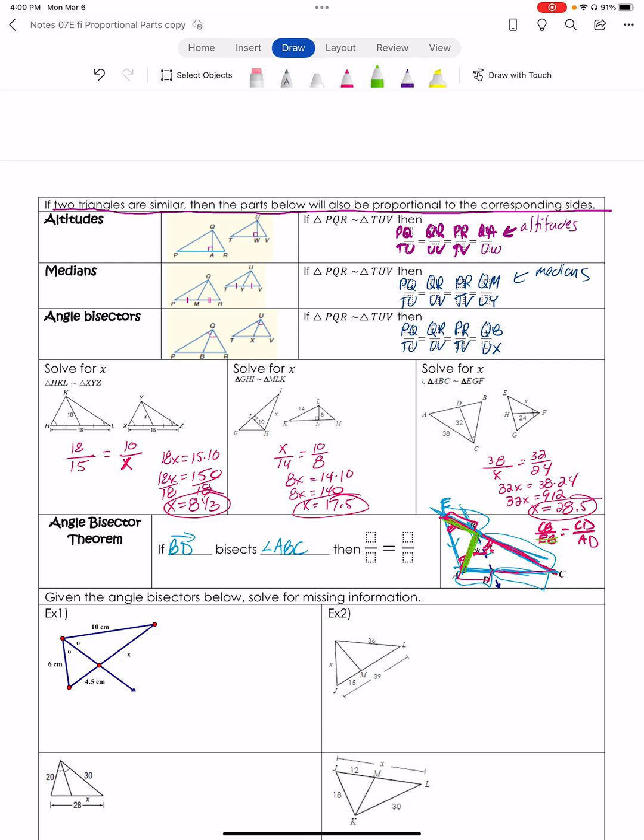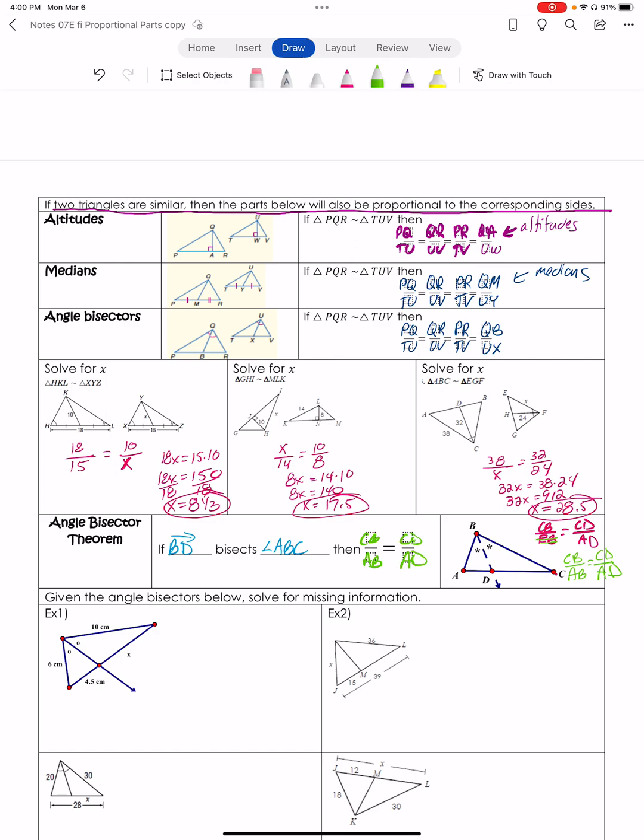So I can change this to CB over AB is equal to CD over AD. You won't see all that, so it's CB over AB is equal to CD over AD.